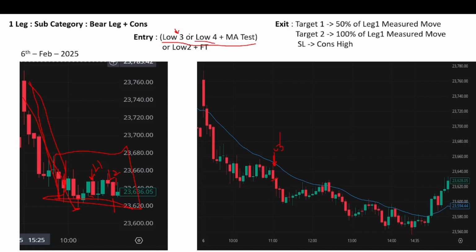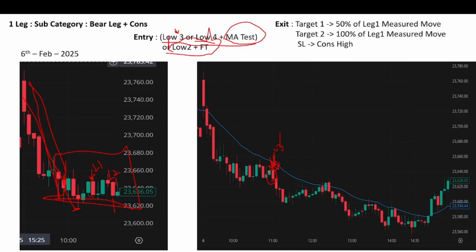Low 3 or low 4 plus MA test, the test that happened here. So you can see here, this is the perfect entry, low 3 along with the market testing the EMA. When I say MA, I actually mean EMA. This is the 21-day EMA.